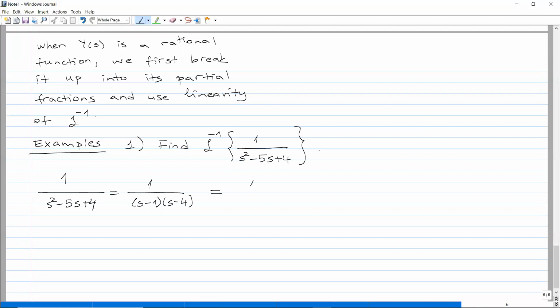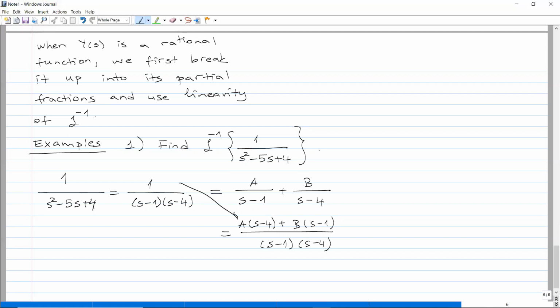So I try to write this as a number a over s minus 1 plus a number b over s minus 4. You remember this from integration using partial fractions, how to find a and b. On the right side, we get the common denominator. So we multiply a with s minus 4 and b with s minus 1, and we get the denominator s minus 1 times s minus 4.